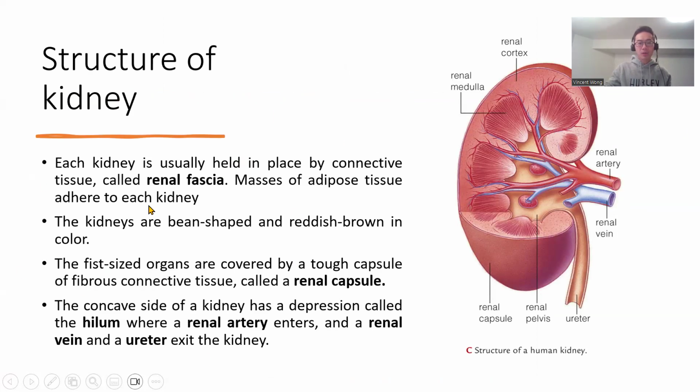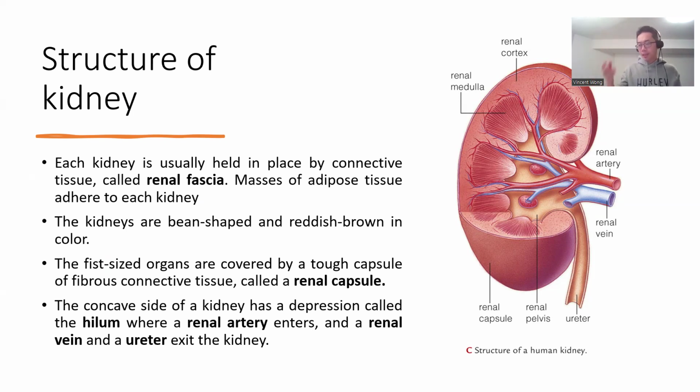The only thing I haven't told you from this slide is this thing called the renal fascia. That's not part of the kidney, but it's a connective tissue that surrounds the kidney, so the kidney doesn't bounce around in your abdominal cavity. Like when you're lying down or doing cartwheels and whatnot, the kidney is held in place by these bubble wraps, right?